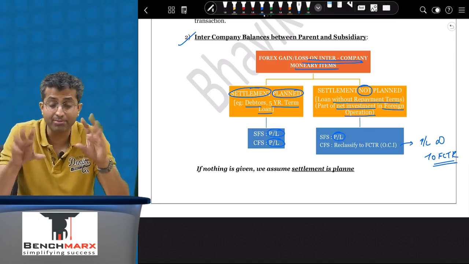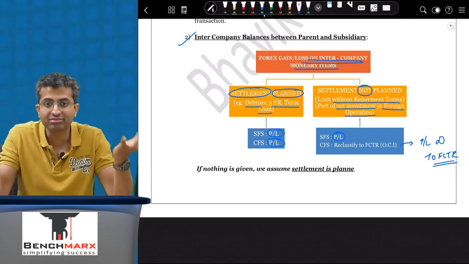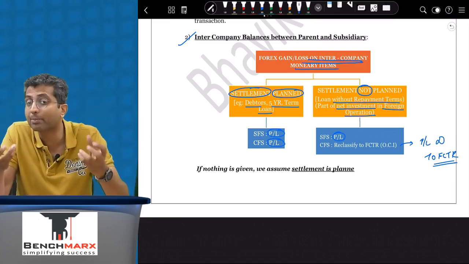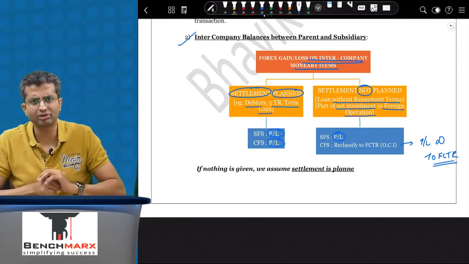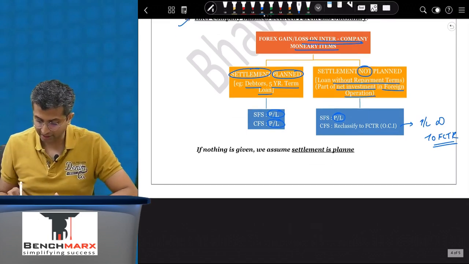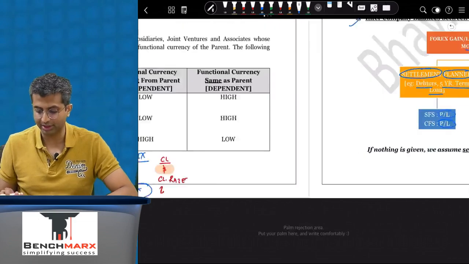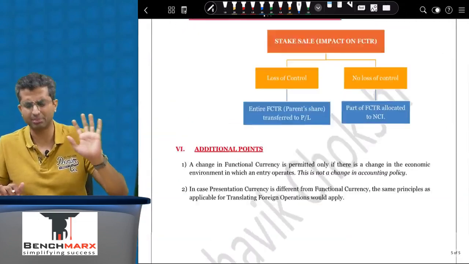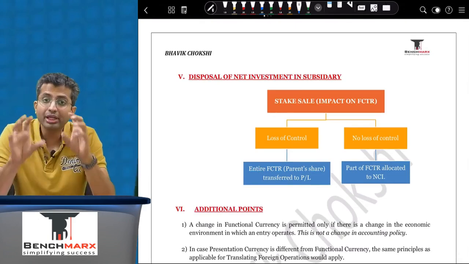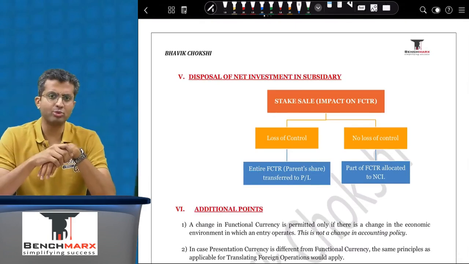It's not going to give the money back, or if it does, the dates are not agreed, and hence the standard says that this gain or loss is actually on paper, and hence let us put it into a translation reserve rather than taking it into the P&L. Just remember this point. If nothing is given, we will always assume that the settlement is planned, and hence everything remains in the P&L.